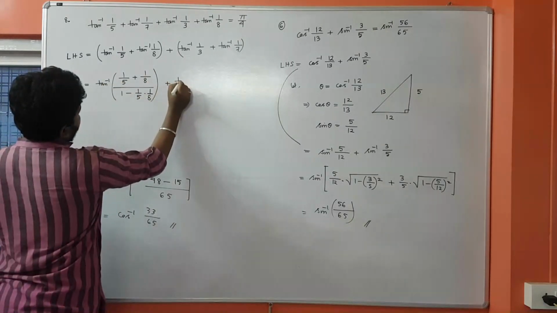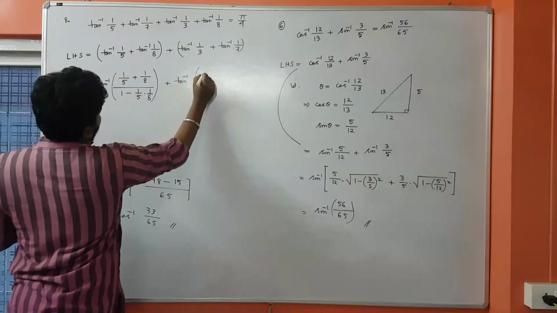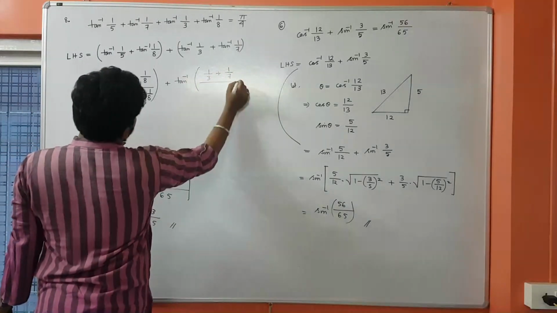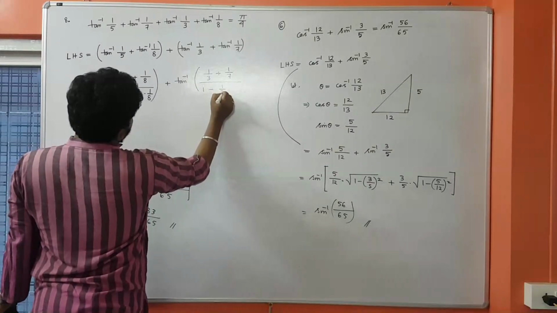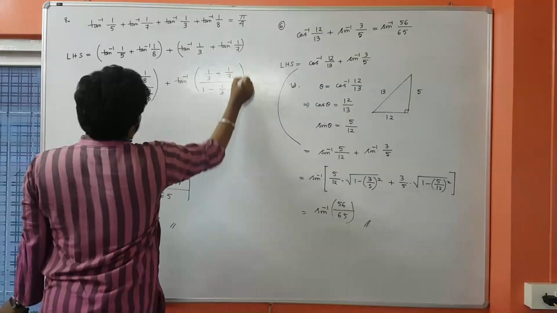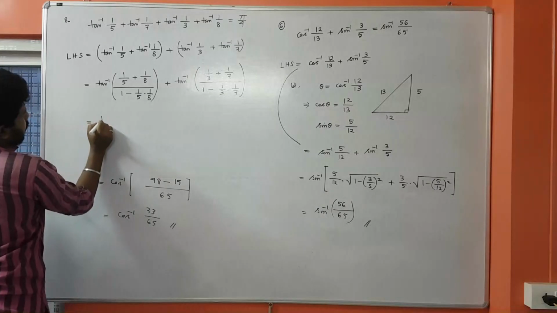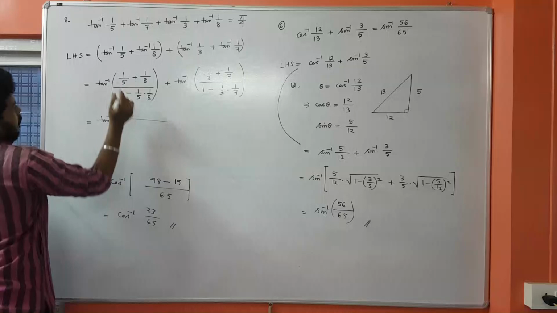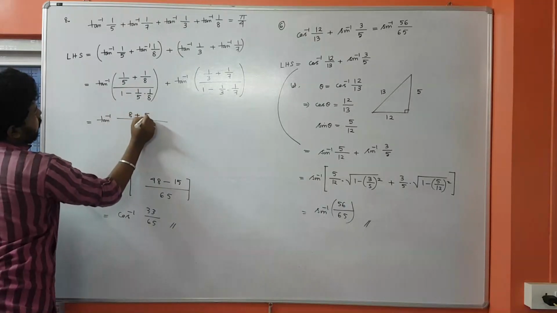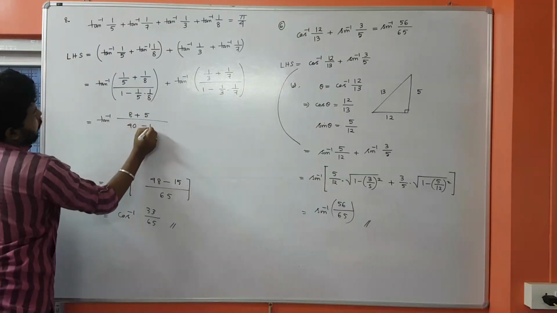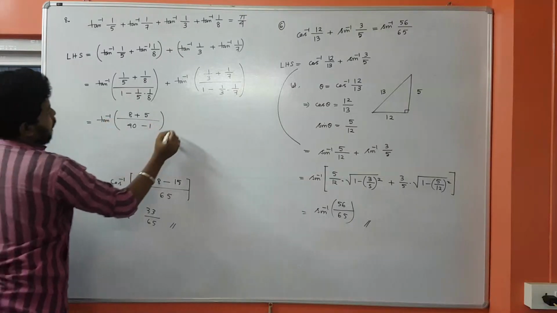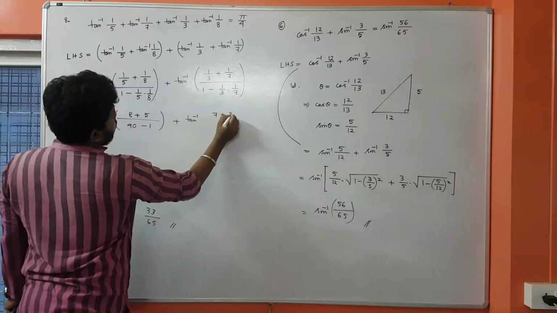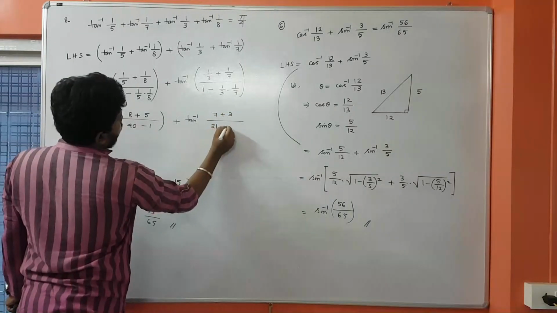Similarly, tan inverse of (1 by 3 plus 1 by 7) over (1 minus 1 by 3 into 1 by 7). This is tan inverse. Take LCM. This is 8 plus 5. This is 40 minus 1. And this is tan inverse of 7 plus 3. This is 21 minus 1.